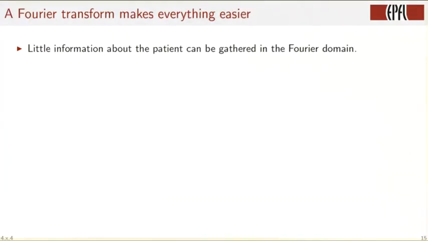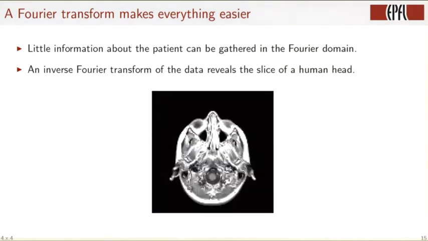Now, the picture we have just seen is not very useful to a doctor in order to investigate what's happening inside the body of a patient. So we need to do something. Well, these are Fourier transform coefficients, so we take an inverse Fourier transform. And then you see, for example, that the data we had just seen corresponds to a slice of the skull. And you see many details, so MRI is an extremely powerful technique.